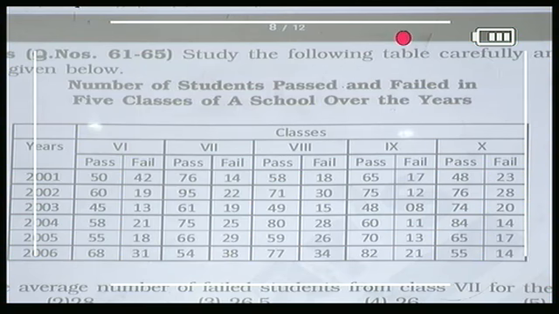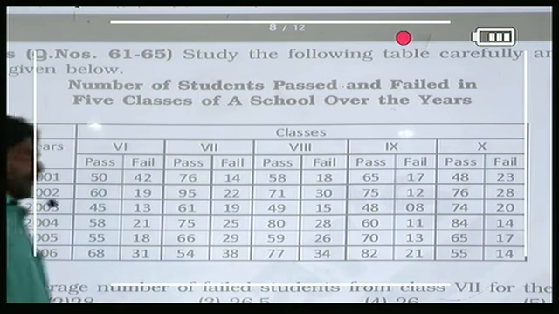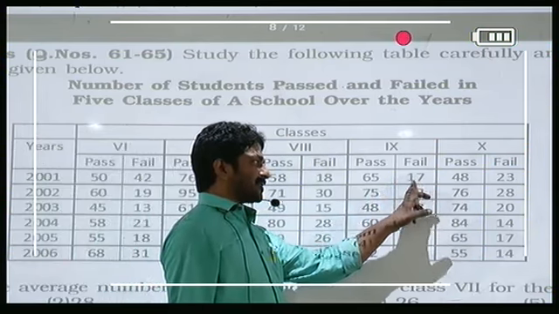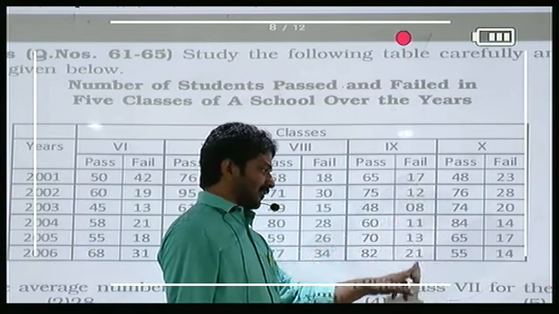9th class? Not visible anywhere else? Yeah. Out of all 5 classes, answer can be 9th one, because you have less number of students in failures compared with other numbers. 17, 12, 8, 11, 13, 21.